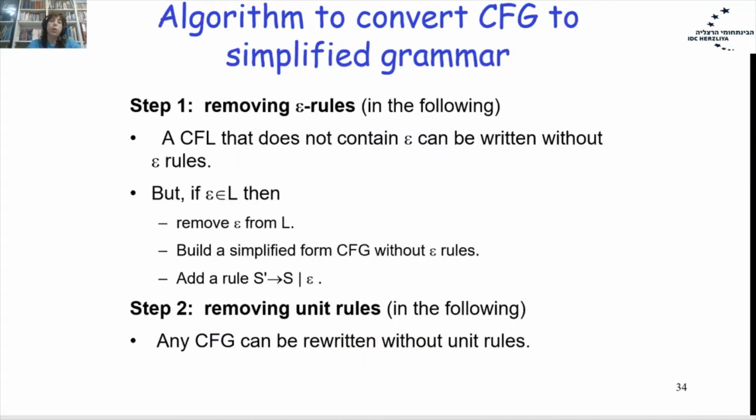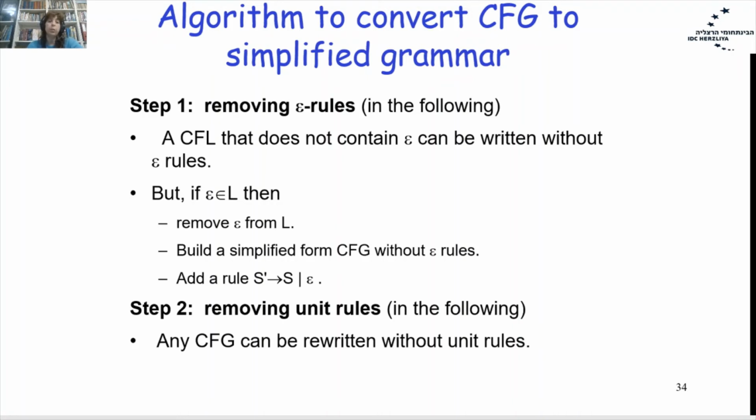The following algorithm can be used to convert a context-free grammar to a simplified grammar. Step number 1, we will remove all epsilon rules. I will explain how to remove epsilon rules in a few moments. A context-free grammar that does not have epsilon can be rewritten without epsilon rules.